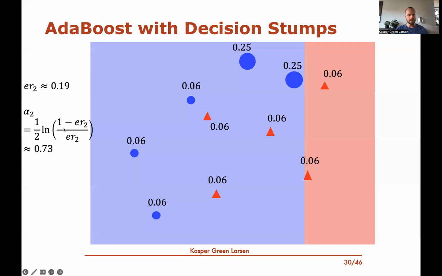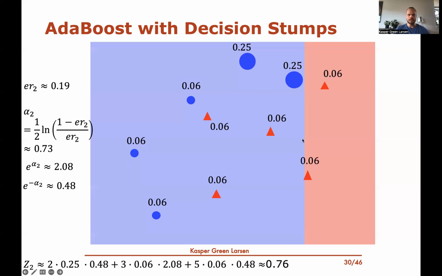If you type that into a calculator, you'll get something that's about 0.73. Okay, which means that the points that you misclassify, you have to multiply their weight by e to the alpha 2, which is basically 2.08. And the ones that you get correct, you have to multiply their weight by roughly 0.48.